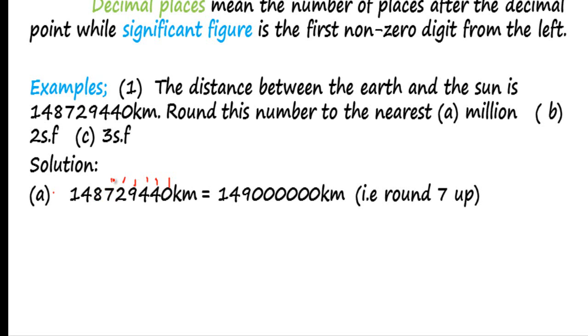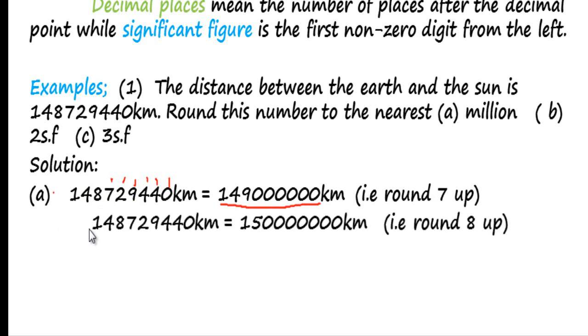Add 1 to 8, and the others will turn to 0. That is now going to be 148 plus 1, which is 149 0 0 0 0 0. This is the answer that we're talking about. Are you following now? So let's move on.